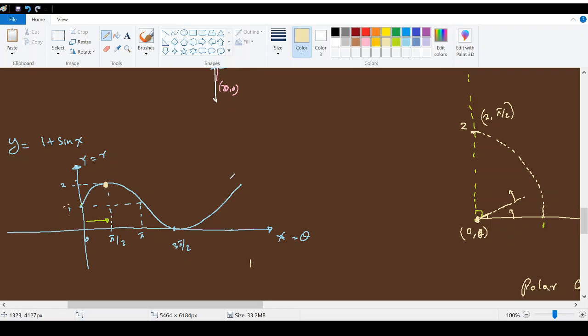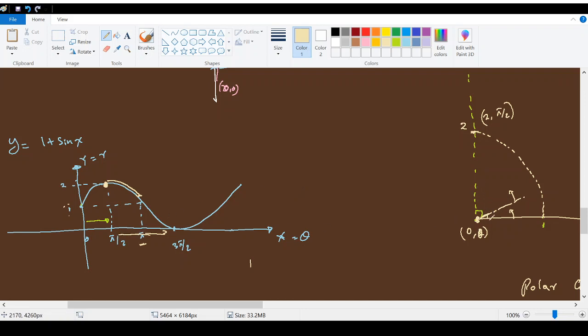Okay, then what happens when the angle is increased from pi by 2 to pi? No, let's take this point. When the angle is increased from pi by 2 to pi, the value of the radius should decrease from 2 to 1. That means the angle is increasing from pi by 2 to pi.